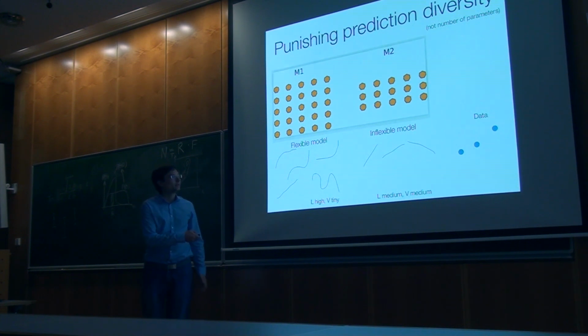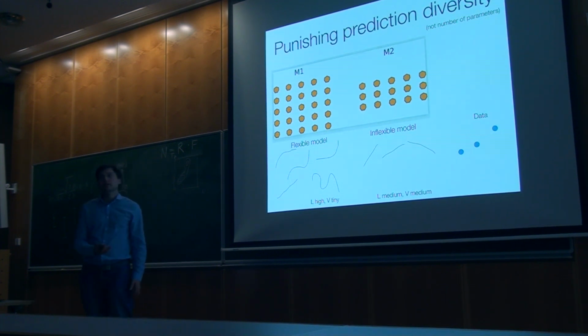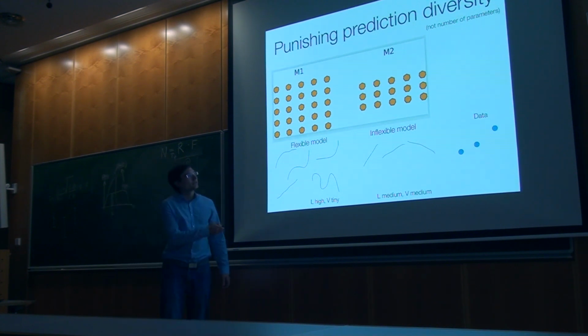And if we multiply the two together, which is what the summing does, we're balancing the two. Another way of looking at this is if you add to this model a parameter that doesn't do anything, so it doesn't influence the shape, then the predictions stay the same. You just add another axis, but summing it out doesn't change anything. And so it doesn't punish by number of parameters, it punishes by prediction diversity.